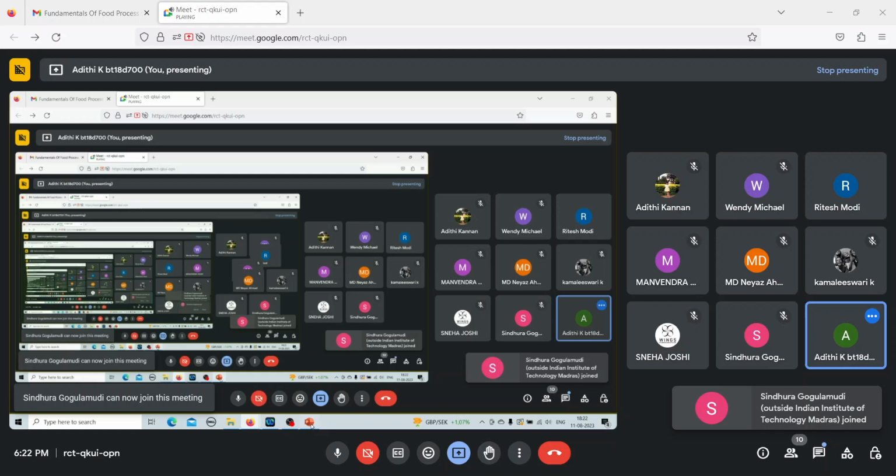In this case, n is equal to 0 because it's a zero order reaction kinetics. So C power 0 is equal to 1. So dC by dt is equal to minus k. So if you have dC by dt is equal to minus k C power 0, the C power 0 goes to 1. So you will only have dC by dt equal to minus k. So the answer is option C.